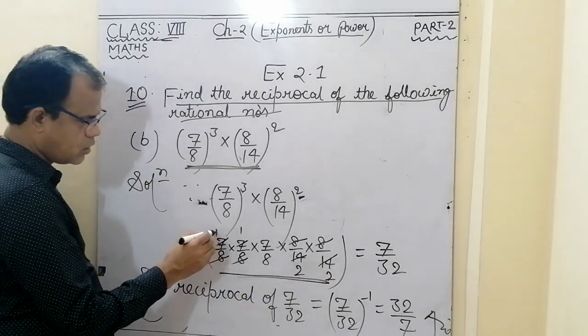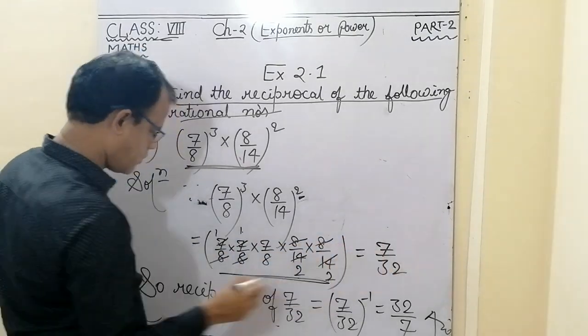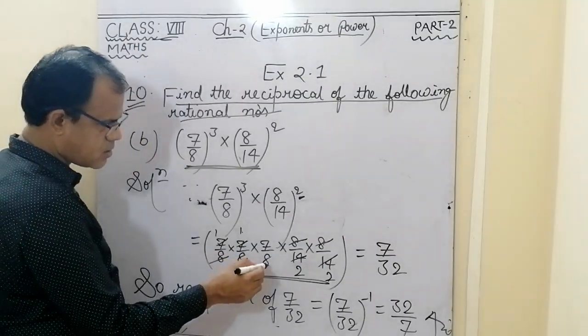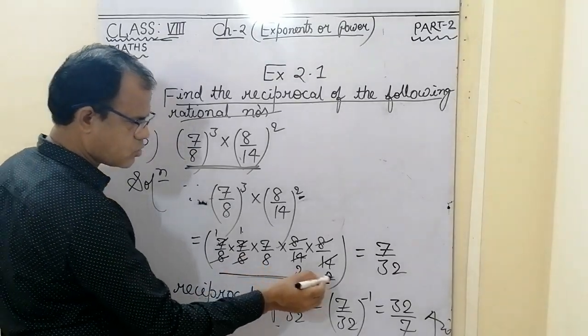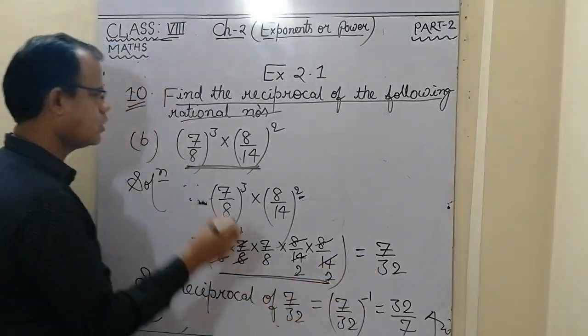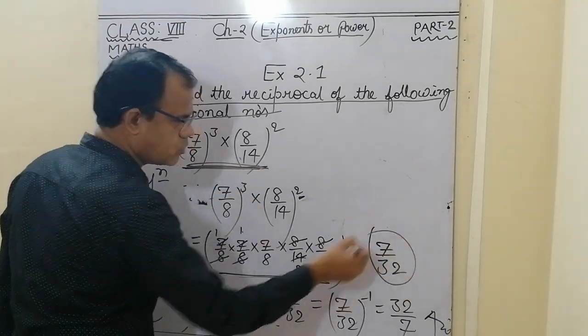So in the numerator 1 multiplied by 7 becomes 7, and in the denominator 8 twos are 16, 16 twos are 32, so 7 by 32. So after solving this, the answer is 7 by 32.